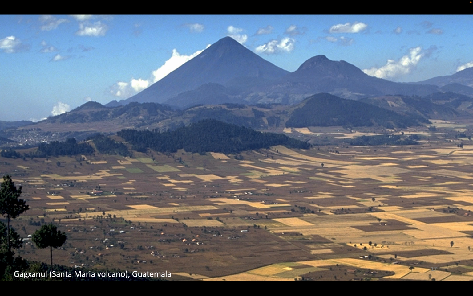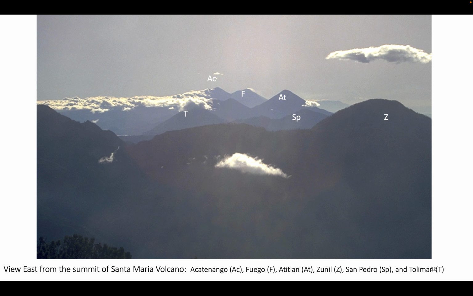This is a view from the east from the summit of Santa Maria volcano, and you can see from this view there are a series of composite volcanoes, each labeled with their initials in this image. And you can see in each of these composite volcanoes that they have the steep shape, steep sides, and the cone-like shape.